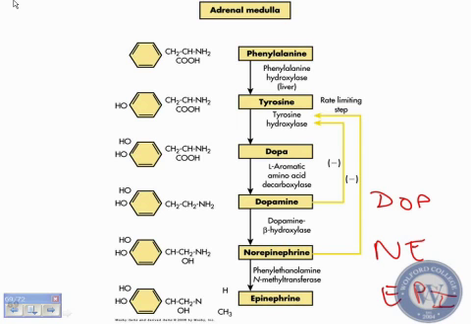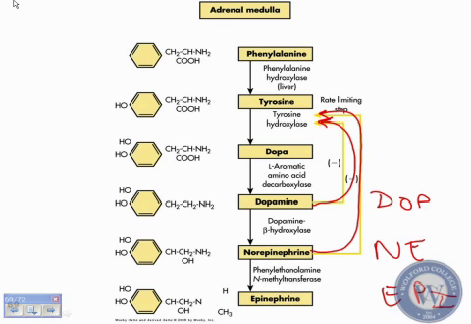So the body, in essence, produces the weakest one first and produces the end product as the strongest one, which is epinephrine. So it's three. Now, norepinephrine and dopamine both are inhibitors. They give a negative feedback to the rate-limiting step.